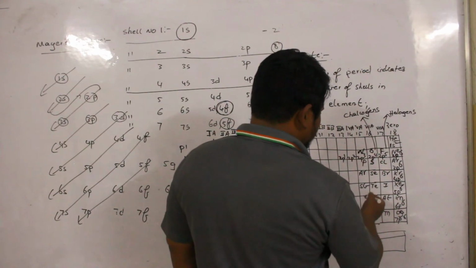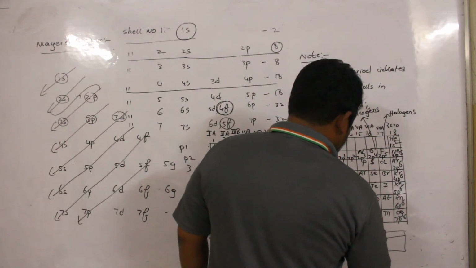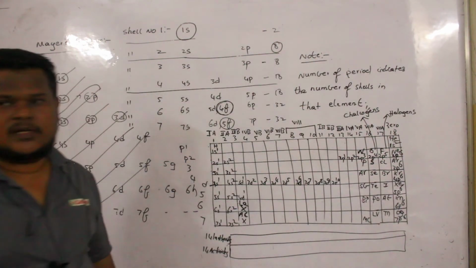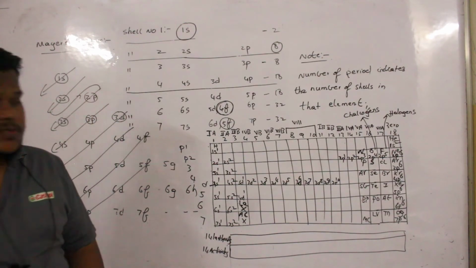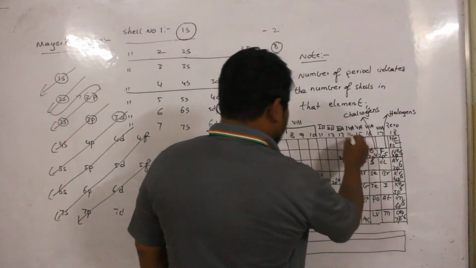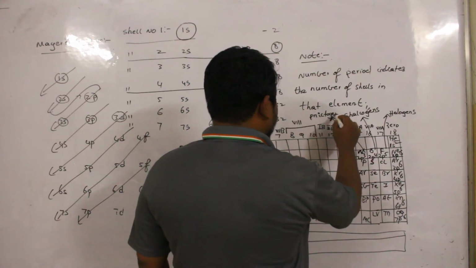Clear? After antimony, bismuth, and this is moscovium. Okay? These are the elements. And these elements you can call them as pnictogens. They are called as pnictogens.